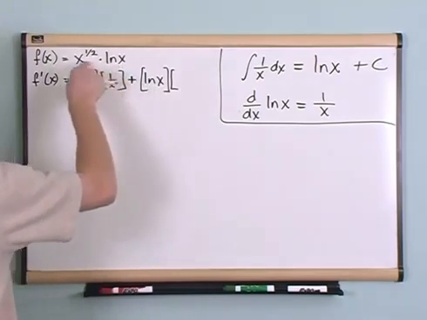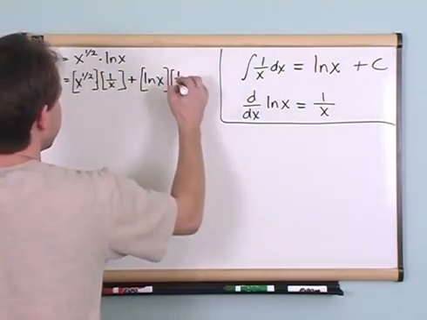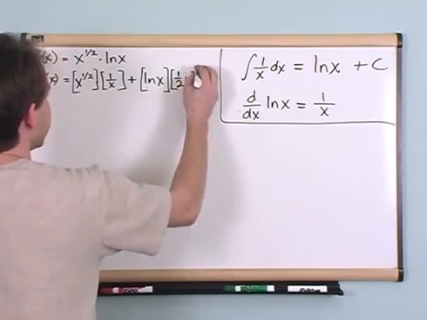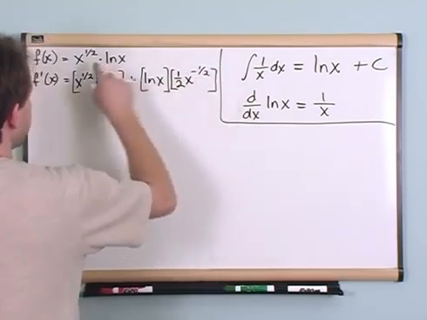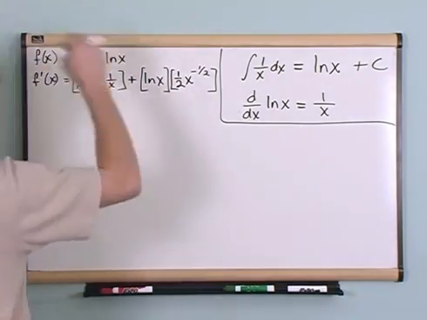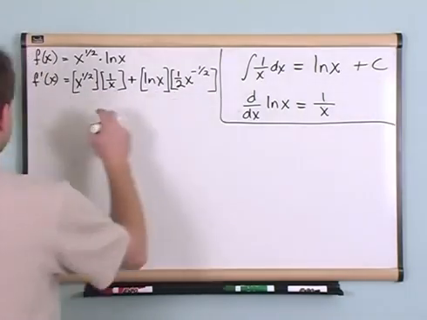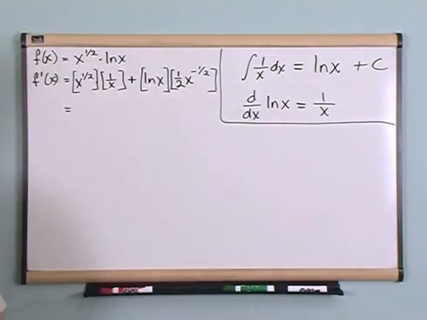The second term times the derivative of the first term. We know how to do this. We've been doing this all day. This is just 1/2 x to the negative 1/2. 1/2 comes down, x, and then you just subtract 1 off of the exponent here. So essentially this is the answer, and you just need to go ahead and simplify that, right?